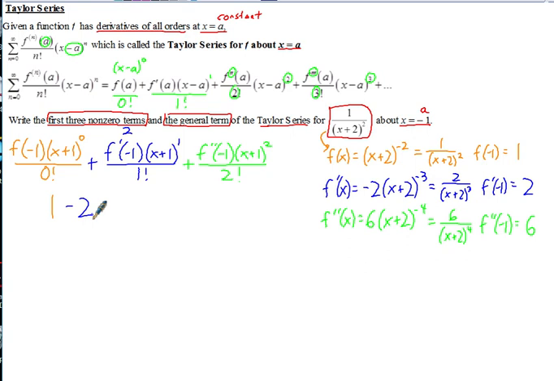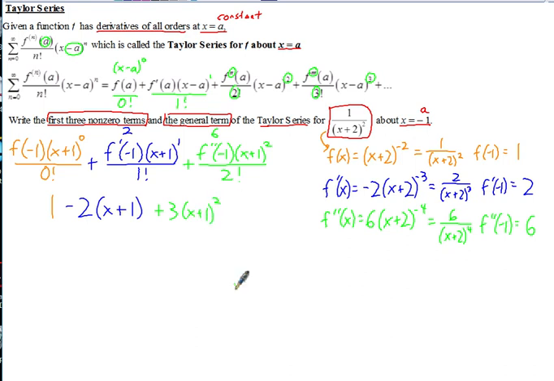And then x plus 1 to the first is just x plus 1. And then f double prime of negative 1 we got was 6. So that's 6 divided by 2 factorial is 2 times 1. 6 divided by 2 is 3. So plus 3 x plus 1 squared.